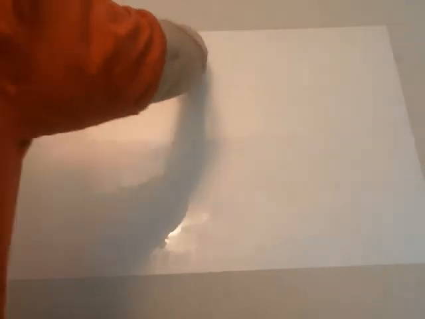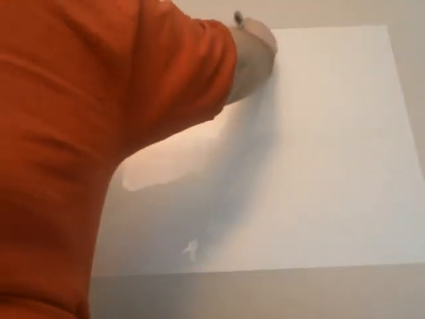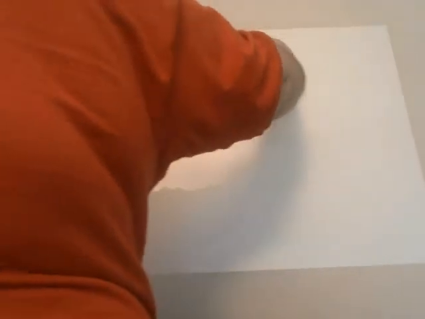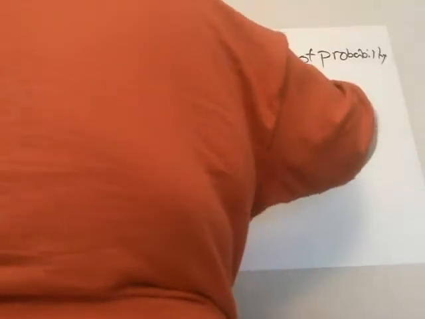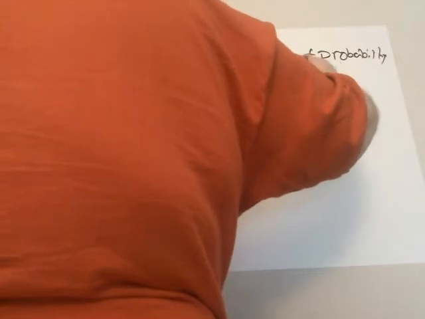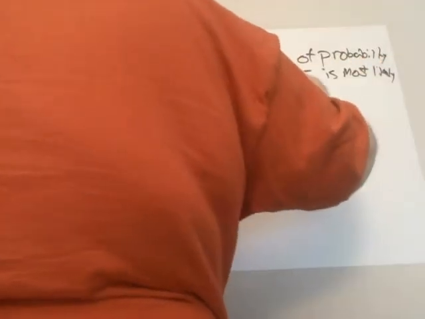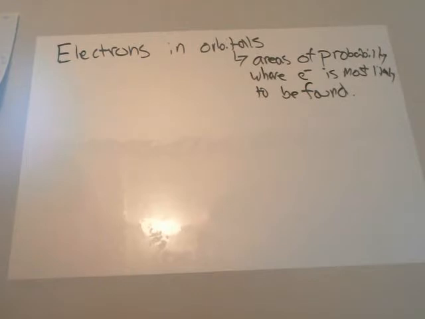So, we place electrons in orbitals, which are areas of probability where we think we can find the electron. So it's an area of probability where an electron is most likely to be found.